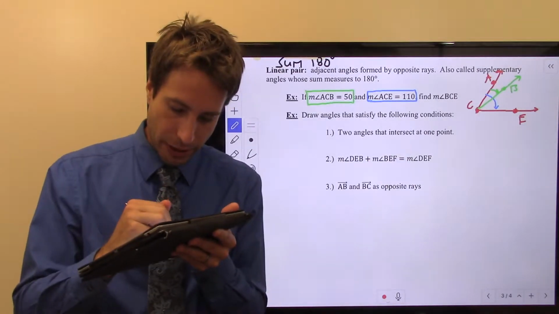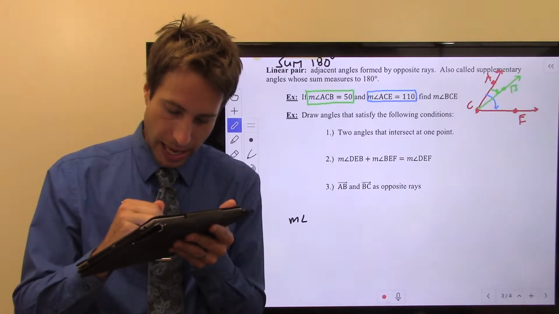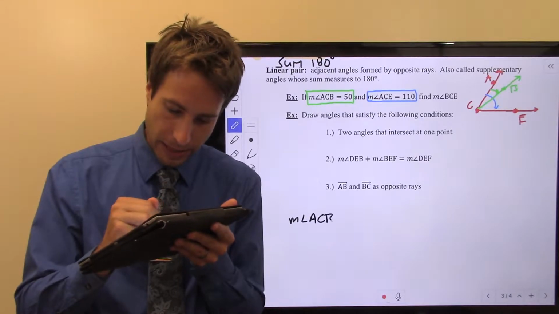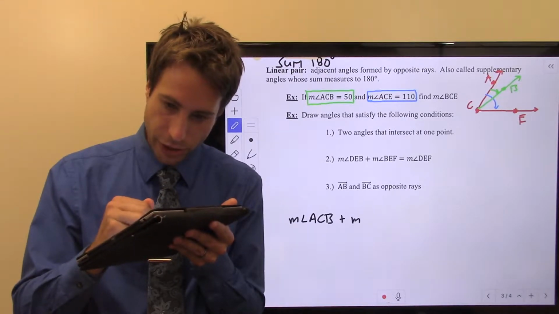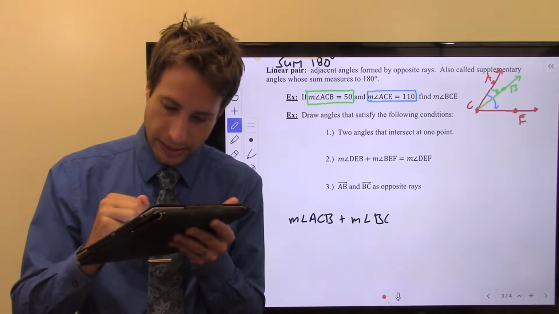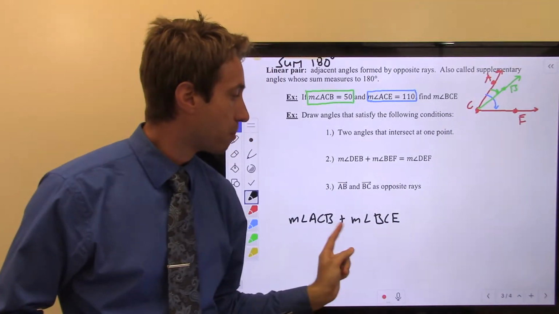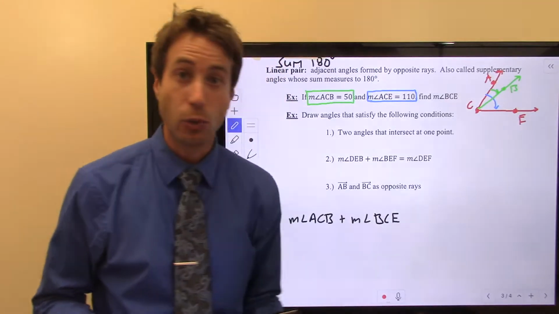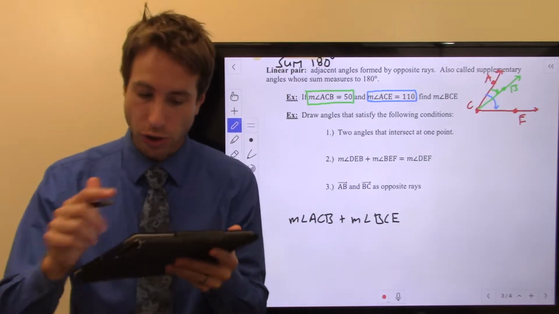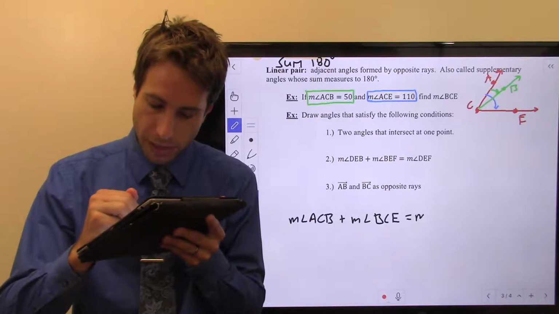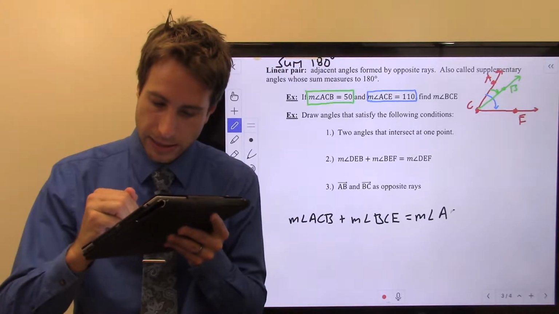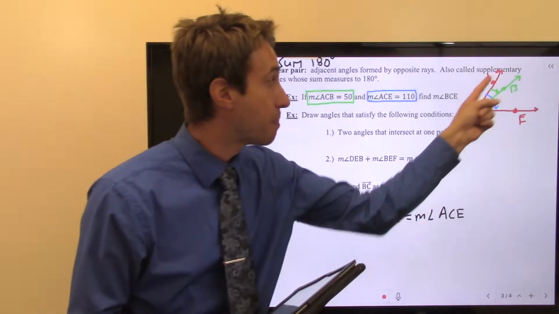The angle addition postulate: the measure of angle ACB plus the measure of angle BCE, right? So that's ACB plus BCE. What is that equal to? That's equal to the larger angle, the measure of angle ACE, right? That bigger angle.